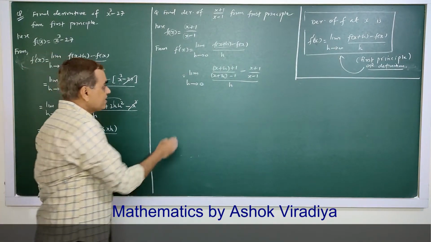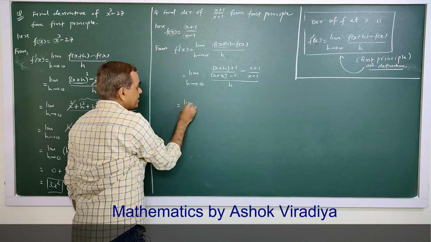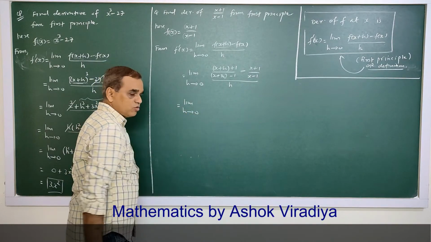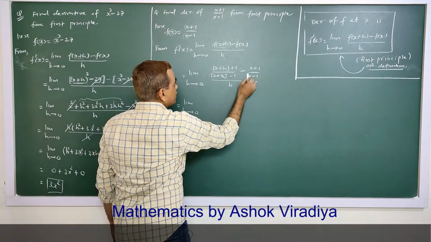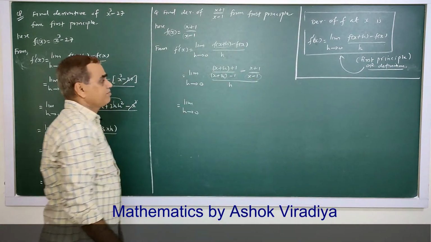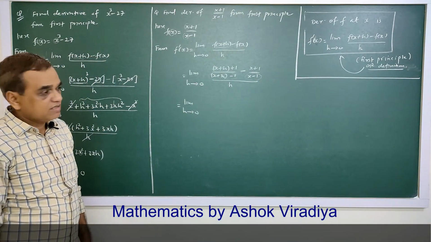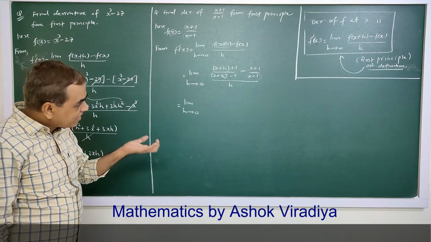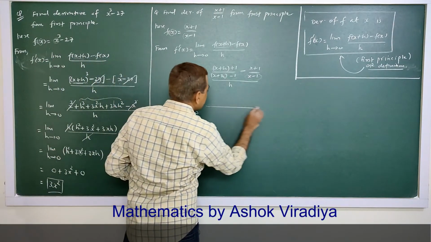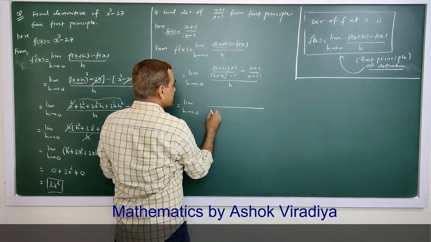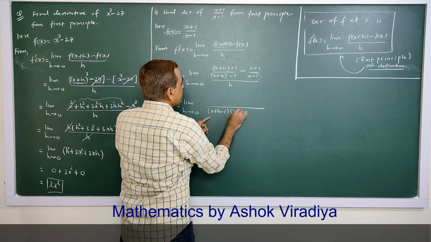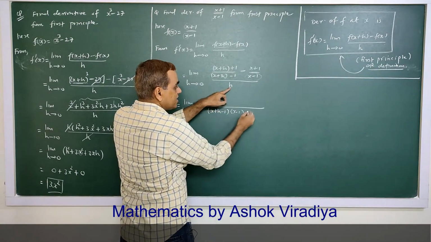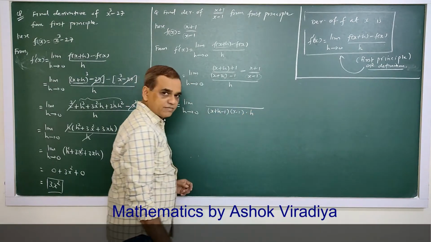Now simplifying this, limit h tends to 0, now we are taking LCM in the numerator. LCM comes in the denominator. So here LCM of this numerator terms is x plus h minus 1, x minus 1, this h we are keeping as it is.